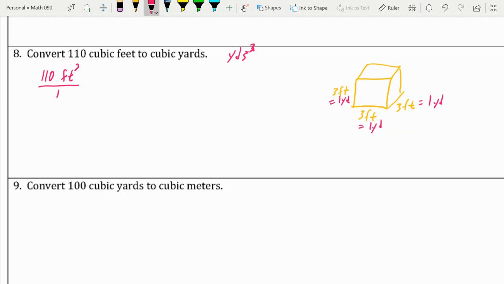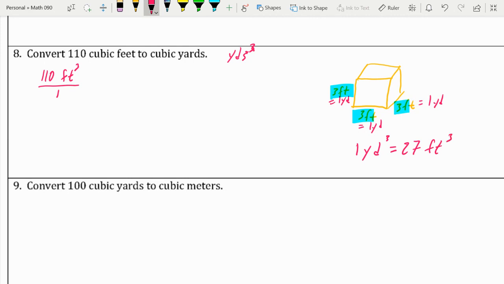So then 1 times 1 times 1, that's 1 cubic yard, is equal to 3 feet times 3 feet times 3 feet. So 3 times 3 times 3, 27 cubic feet.